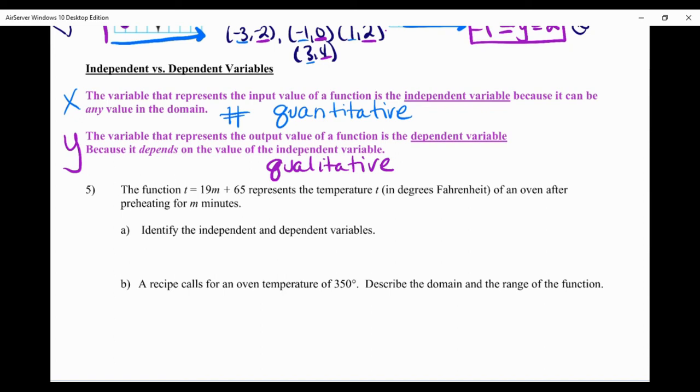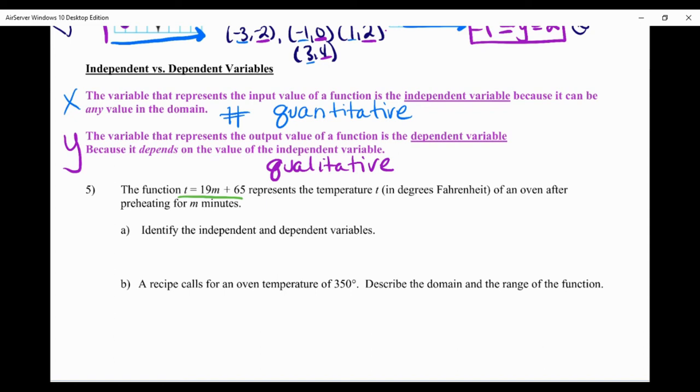So let's think about the function t equals 19m plus 65. In this function, the t variable represents the temperature, and the m is the number of minutes. We're trying to preheat an oven.